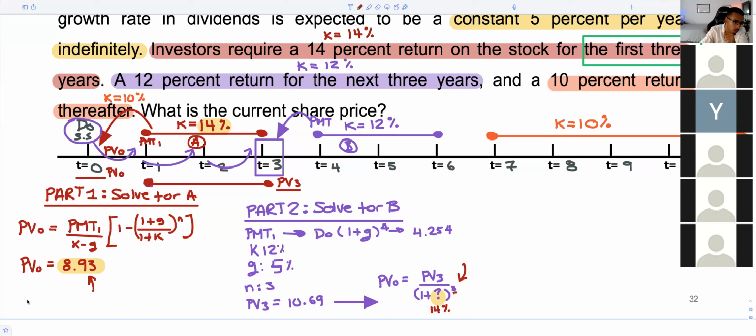So payment 1 is going to be D0 times 1 plus G. Okay. But let's move on to this part right here. Are we all okay with K being 14% right here? Yeah, because obviously we're in this period of time. Okay, cool.